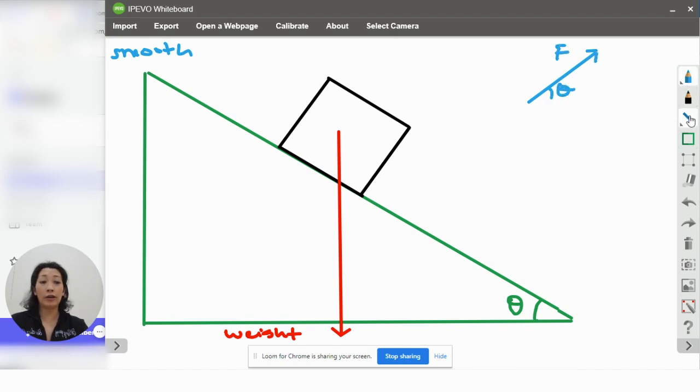And when you resolve them, you need to find the horizontal and vertical components. I'm going to label these as Fx and Fy. If you recall, Fx is F cos theta and Fy is F sine theta. So this is the concept of force resolution.